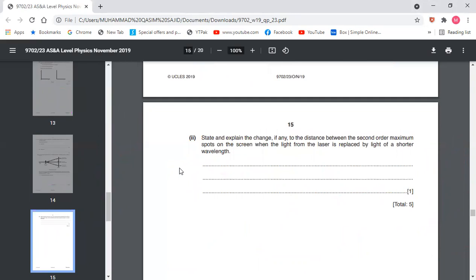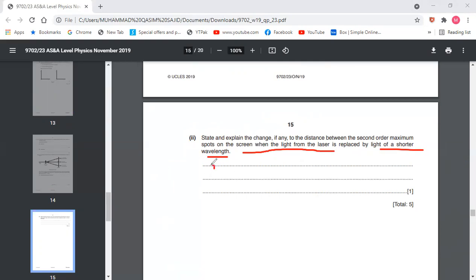Now, question number 2 is 5.2. State and explain the change, if any, in the distance between the second order on the screen when the light from the laser is replaced by light of shorter wavelength. What will be the distance? The distance will decrease. Corresponding to the second order, there must be a smaller angle.